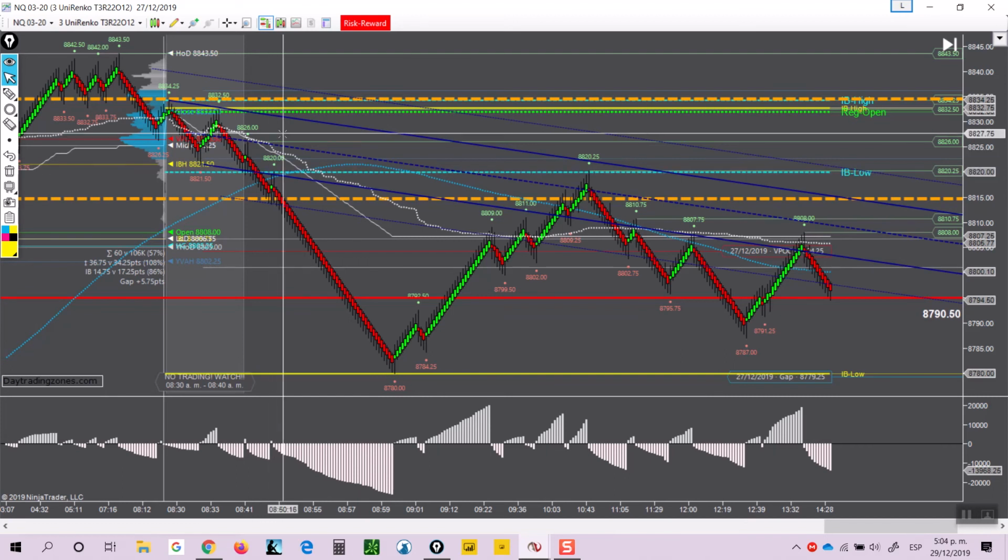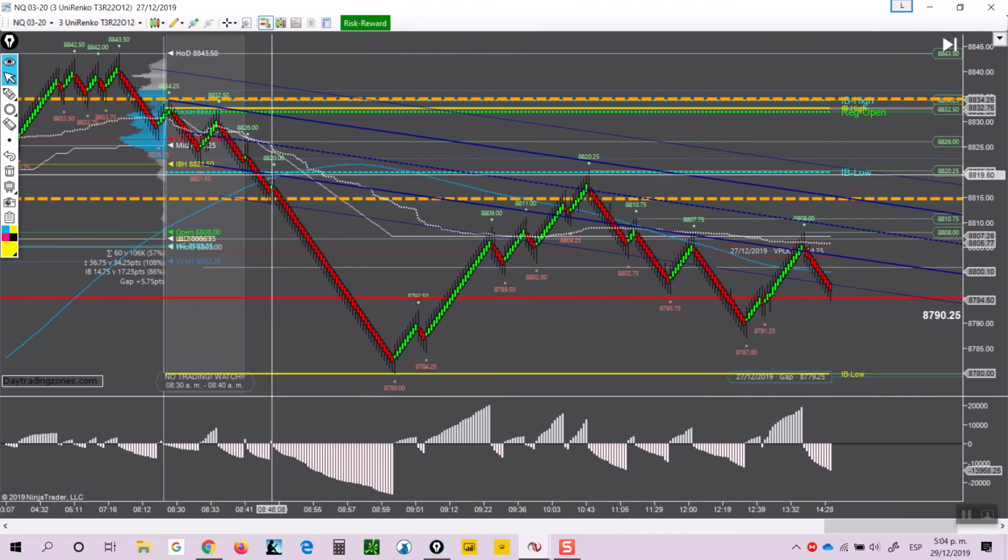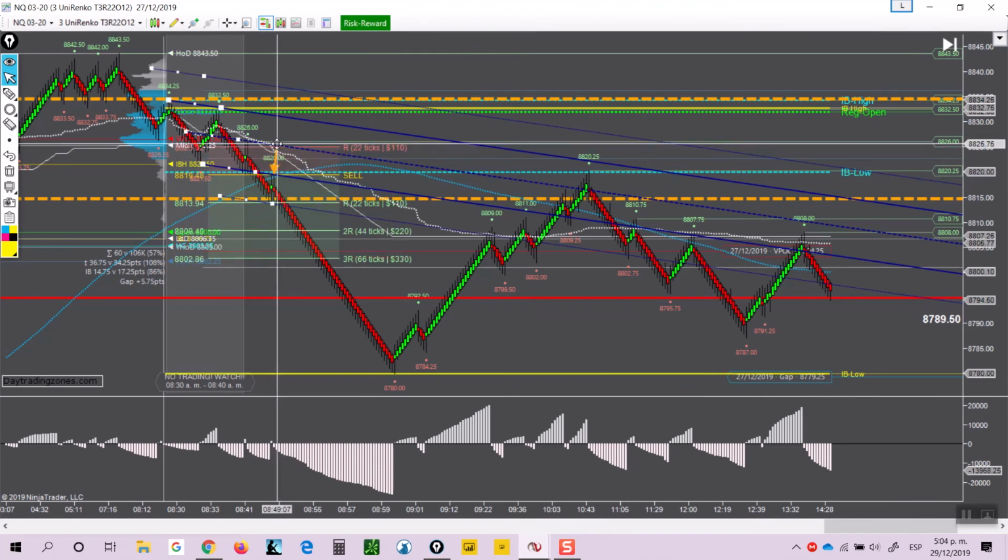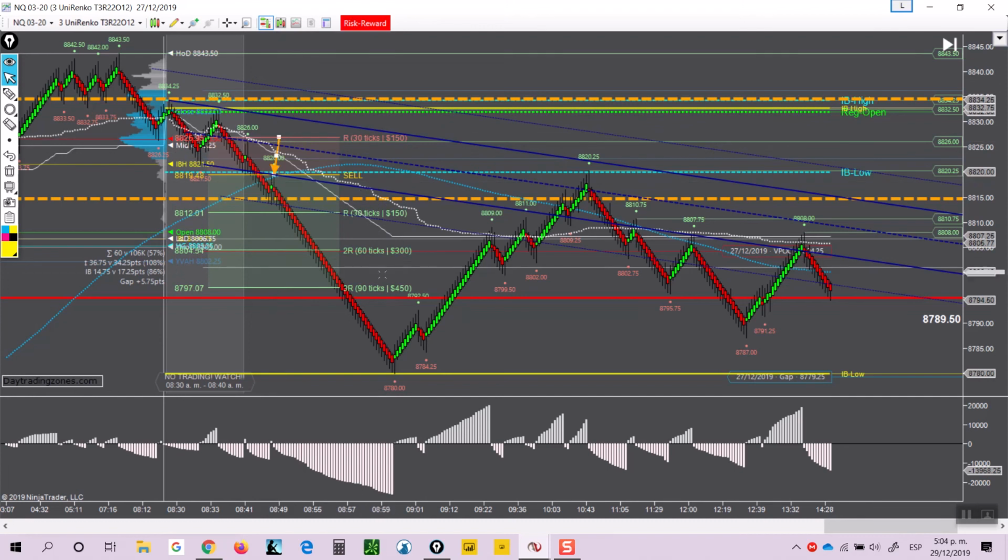Do not be afraid, because you will be able to put your stop loss right there, 150. The price has to go almost all the way to the mean, meaning VWAP and midpoint, to stop you out, and it's just $150. So test lock, don't be afraid.